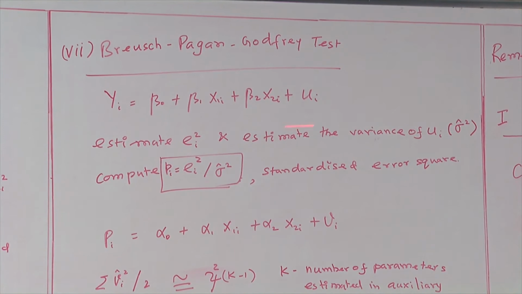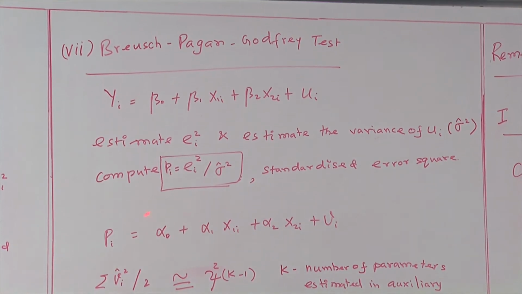With these two values, we may define one standardized error square measure, that is Pi. Pi is equal to EI square divided by sigma hat square. This is a standardized error square.